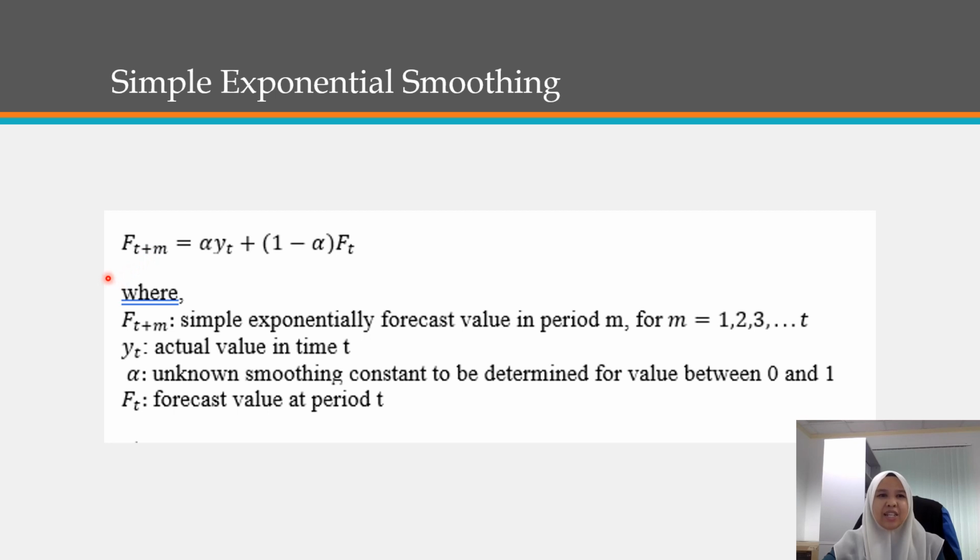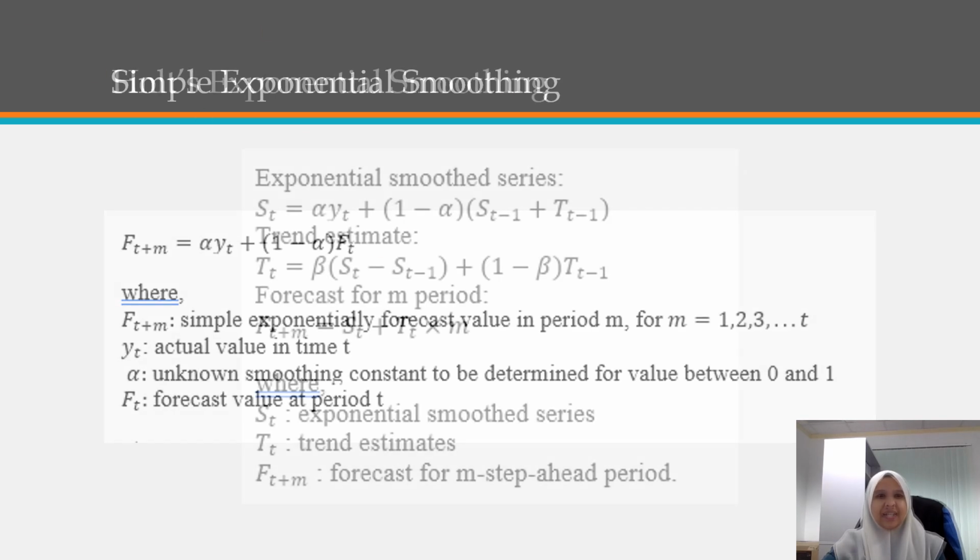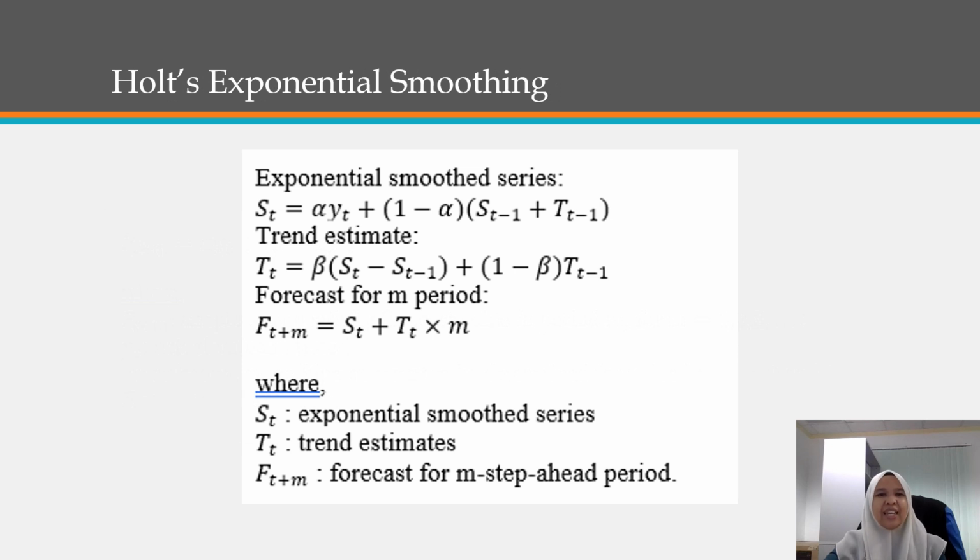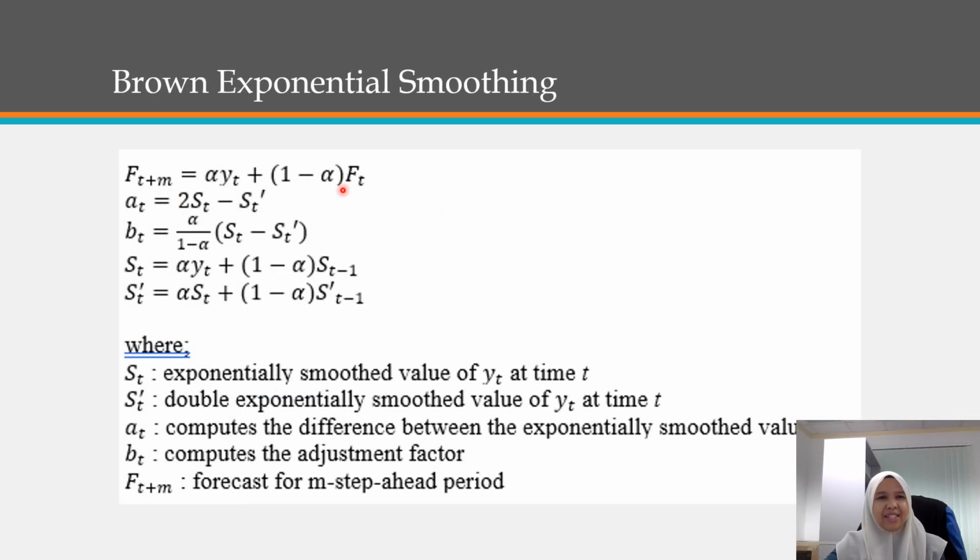This is the equation of simple exponential smoothing, and all the exponential smoothing was run using IBM SPSS. Secondly, this is the equation of Holt exponential smoothing. Lastly, this is the equation for Brown exponential smoothing. As I mentioned before, all the data was run by IBM SPSS.